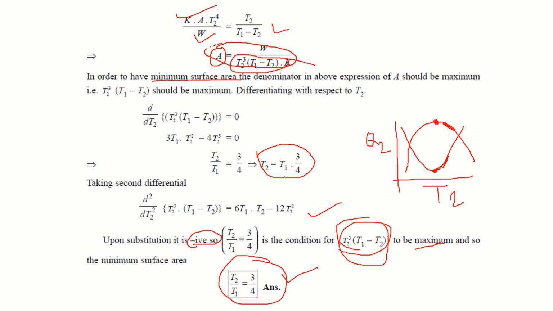Once again when I differentiated, it is showing negative slope, means this is a maxima. So since this is a maxima, after that whatever happens is the minimum. So that's why I have checked it. It is negative, so this is maximum. So for minimum surface area to happen, this should be maximum. Hope it is clear. Okay.